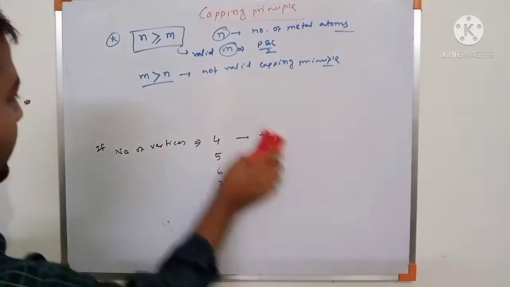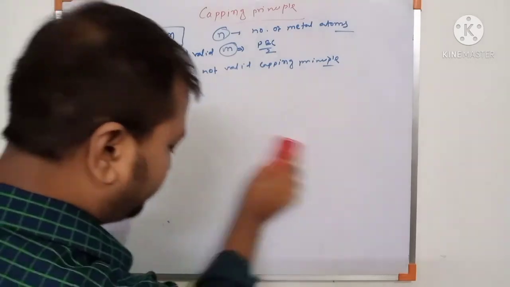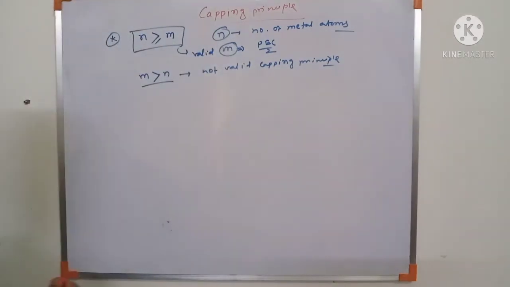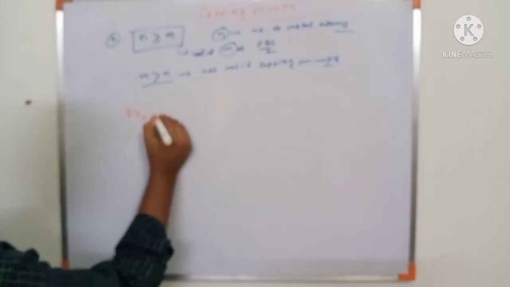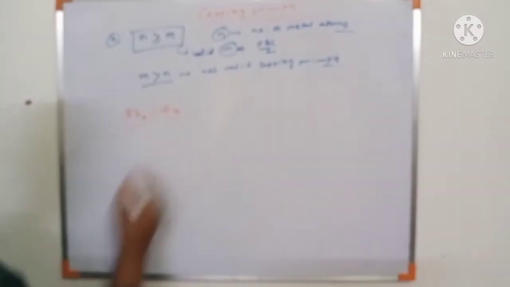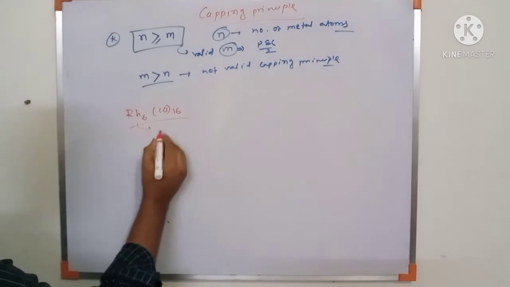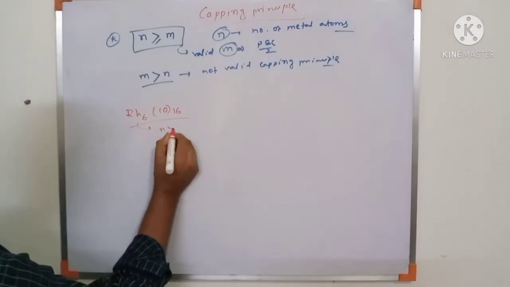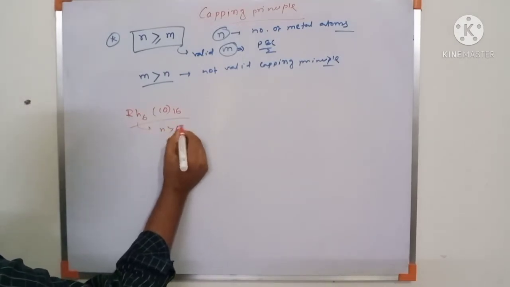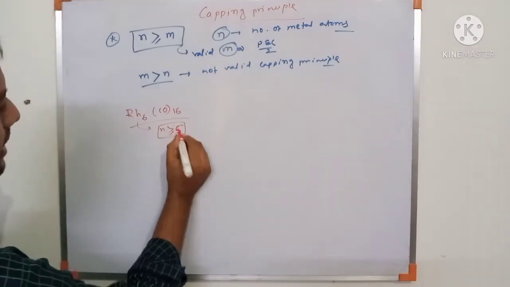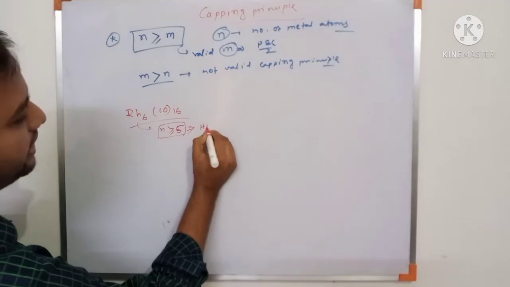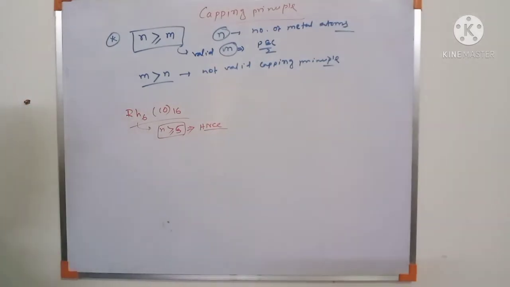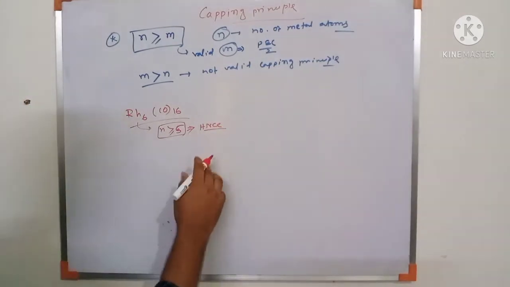Now, example. In Rh6(CO)16, the number of metals N is greater than or equal to 5, so this is a higher nuclearity carbonyl cluster.